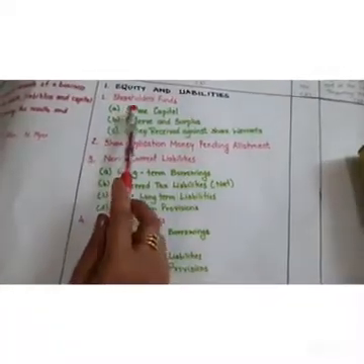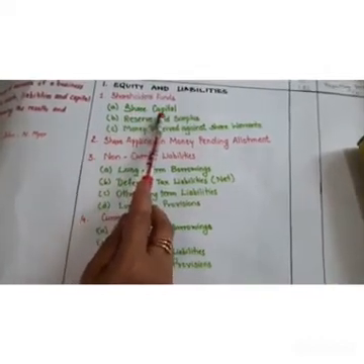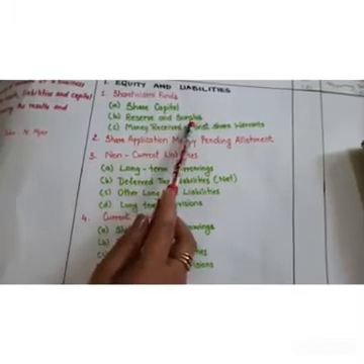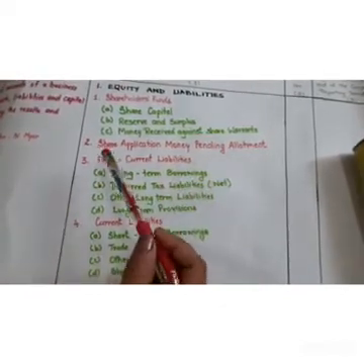There is also subdivision of each of these items. In shareholders fund, the first one is share capital, the second one reserves and surplus, and the third one money received against share warrant. There is no classification in share application money pending allotment. Moving further, the third point, non-current liability, has subdivisions: first long-term borrowing, second deferred tax liability, third other long-term liability and fourth long-term provision.